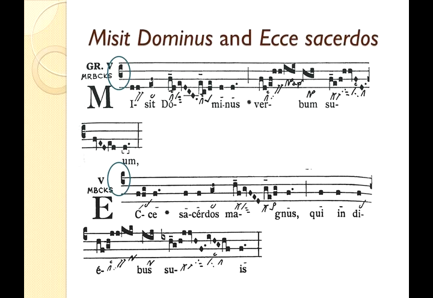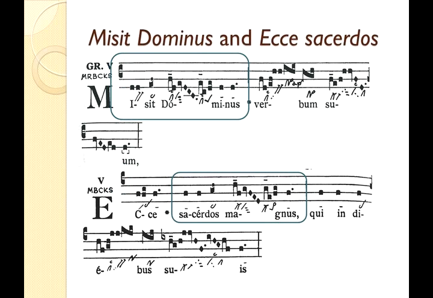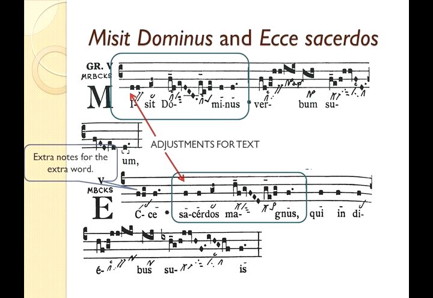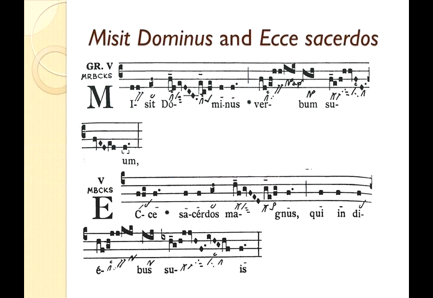The melodies for the first phrases of each of these graduals are nearly identical to each other. They have only slight modifications to accommodate the different nuances of their texts. The second phrases are also nearly identical.